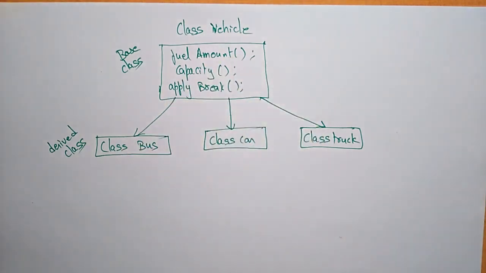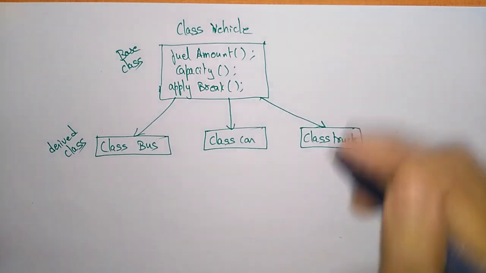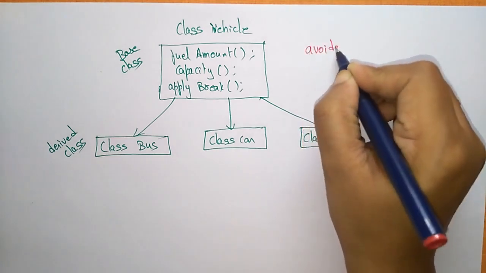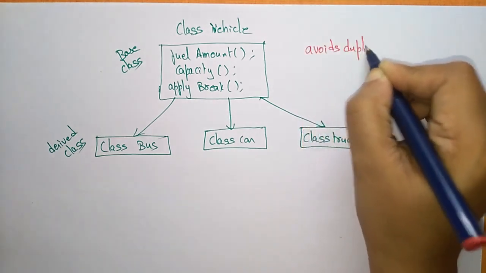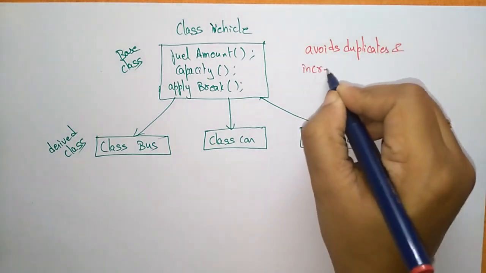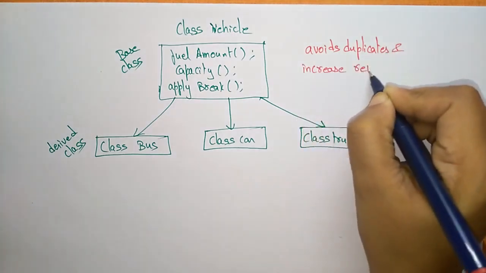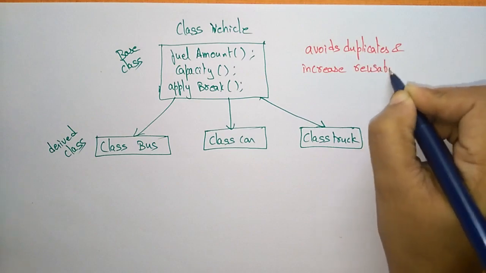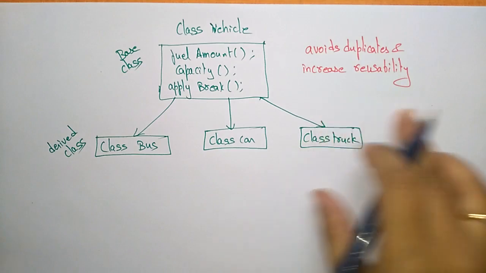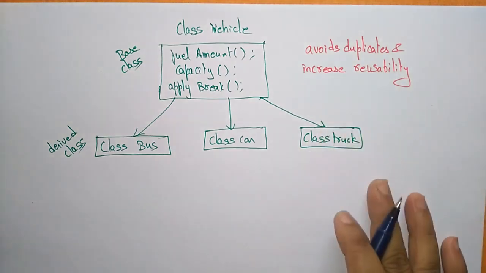So what you observe here is that it avoids duplicates and increases reusability. Whenever you require, you just call the base class.